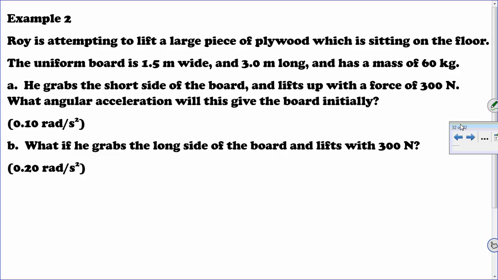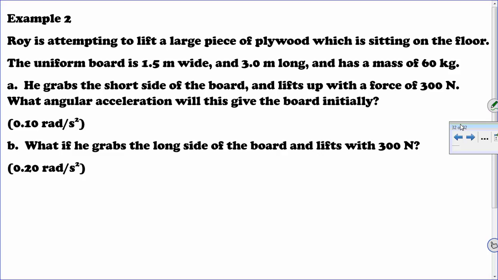We're going to figure out the angular acceleration when he uses this force of 300 newtons. We're going to figure out what the acceleration is when he lifts it this way versus lifting it this way. Which one do you think is going to give the bigger acceleration? You can make a guess.